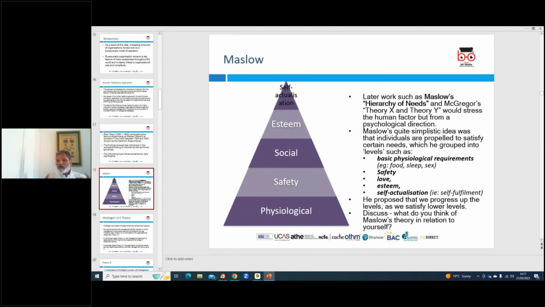Then once you form into a safety group, you move up to a social group, i.e. you belong to a social need, you belong to a friendship club, or you go to work because you want to create some kind of friendship atmosphere. You want to belong to people so that they create love and affection between themselves.